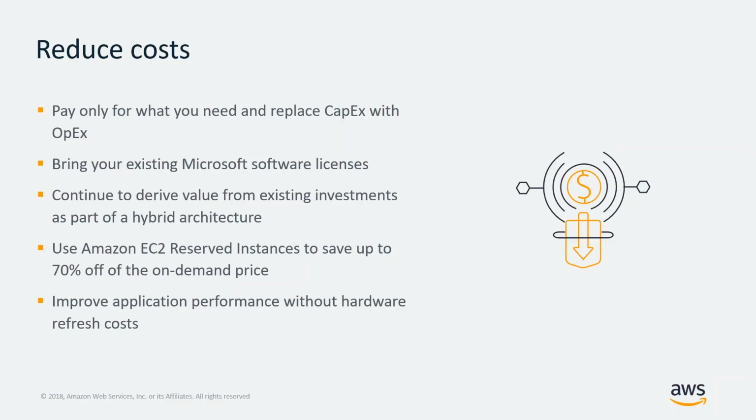And by taking advantage of things like EC2 reserved instances, you can save up to 70% off of the on-demand price, which means basically committing to use instances that you will be using for a year. That way you have an even more drastic price drop and cost saving for you and your organization.